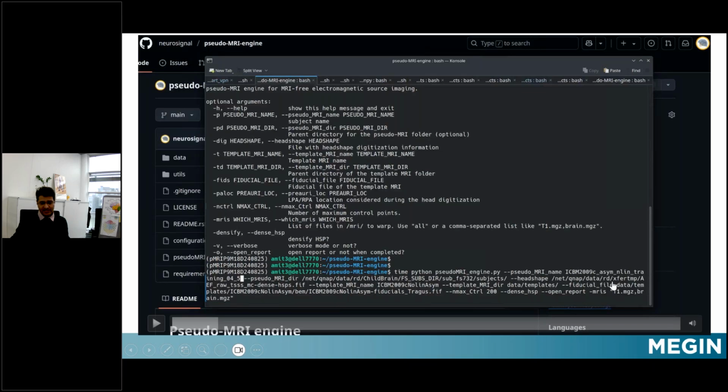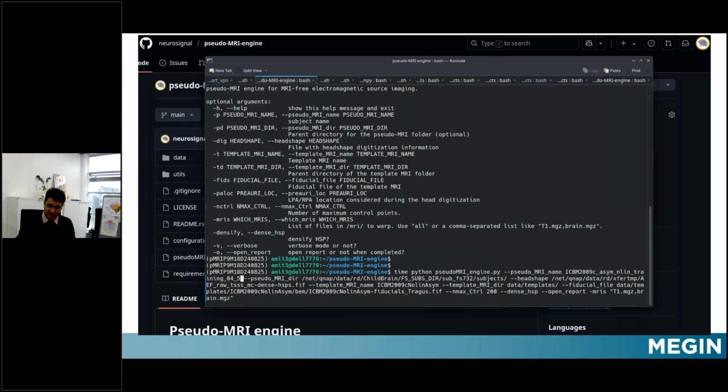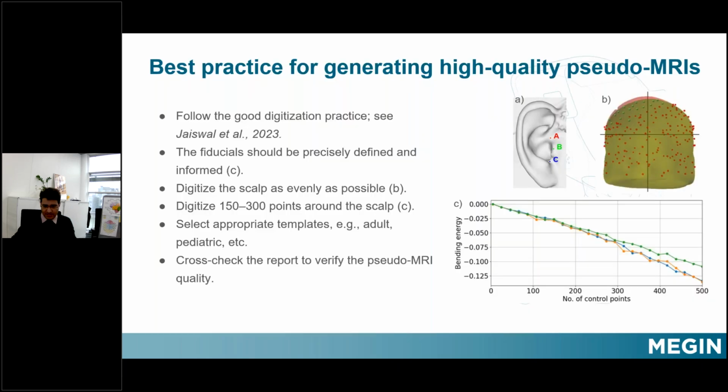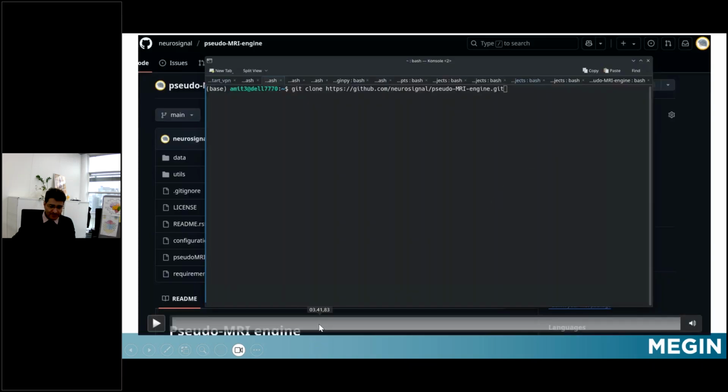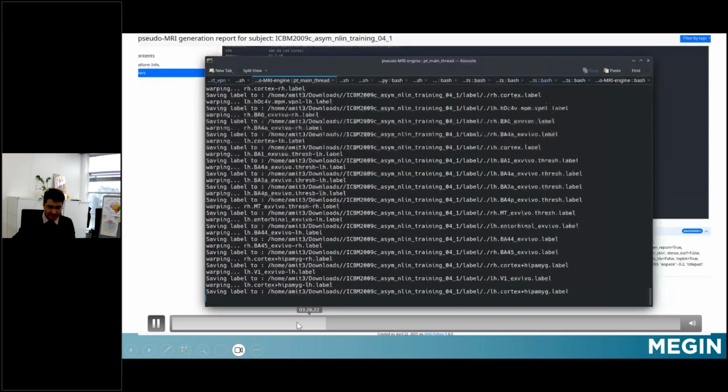And the fiducial file. As I told you, the fiducial files are crucial. For this data, we basically used this point B. If you remember here, this is the Tragus. So we used the Tragus while digitizing for MEG.